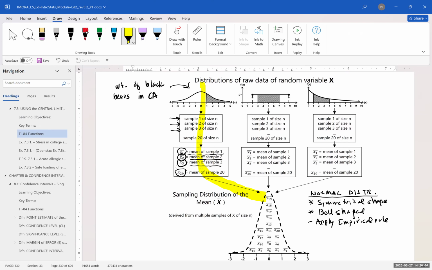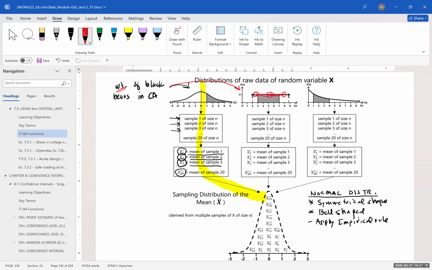But the distribution of the weight of all black bears in California, of the population of black bears in California, didn't have to be normal. It could have been uniform. So there were as many bears of a low weight as there were a high weight, as there were in a middle weight. Okay, the shape of that distribution of bear weights was flat.